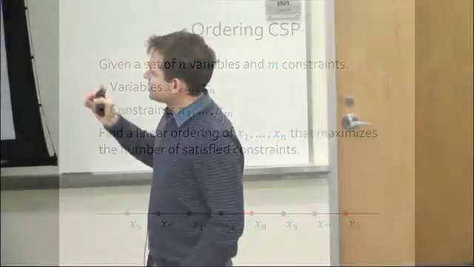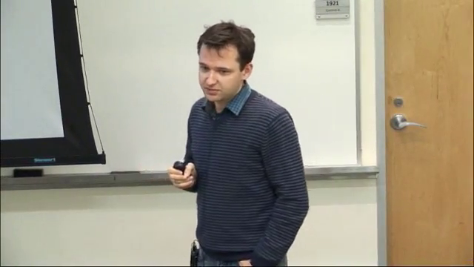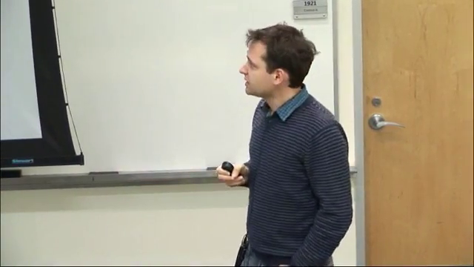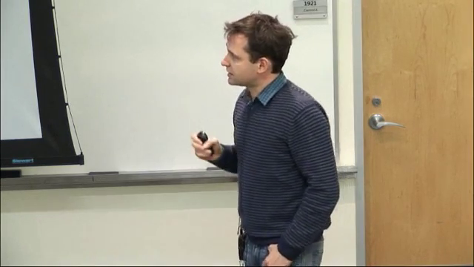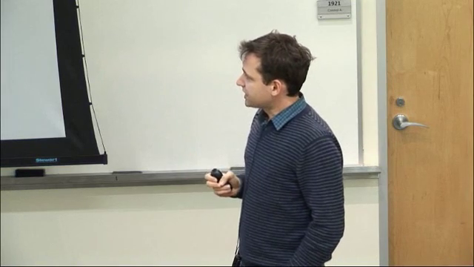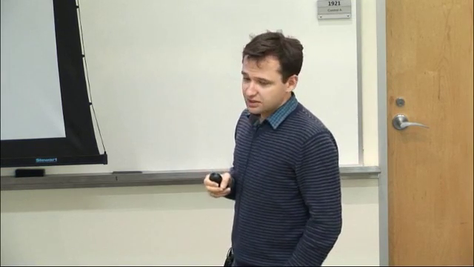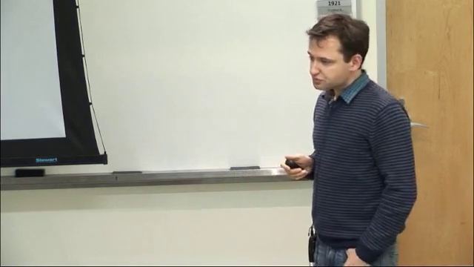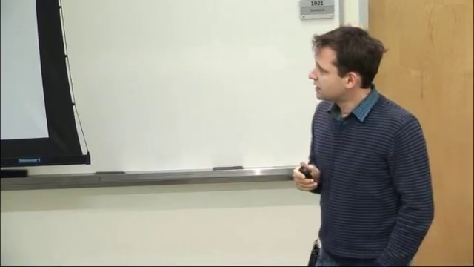In an ordering CSP, we are given a set of n variables, x1, etc., xn, and m constraints pi 1, etc., pi m. And we want to find a linear ordering of the variables that maximizes the number of satisfied constraints. What are the constraints?